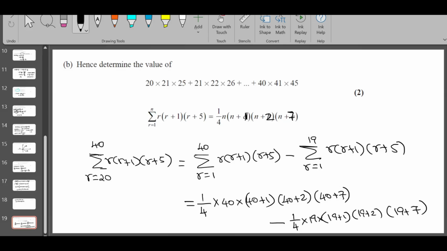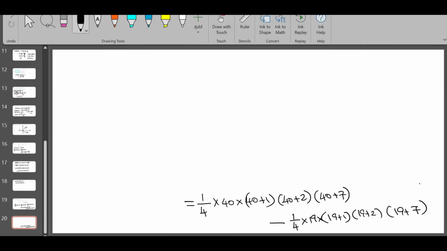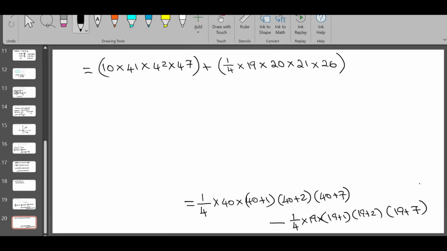Calculate this value. So what I'm going to do, I'm going to write one more step. 1 over 4 times 40 times 41 times 42 times 47, that's a single term, minus 1 over 4 times 19 times 20 times 21 times 26.